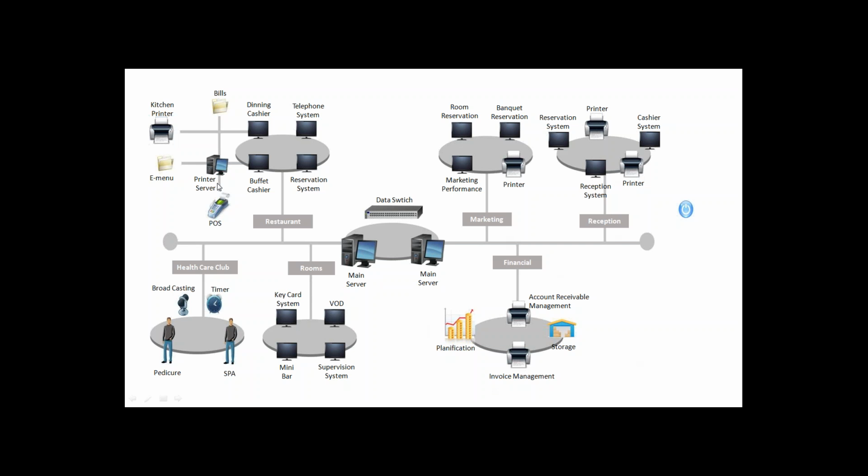Once they are done, they will print out the bill, and at the same time the service department will know that your order is ready, so they will go to the kitchen and deliver it for you.